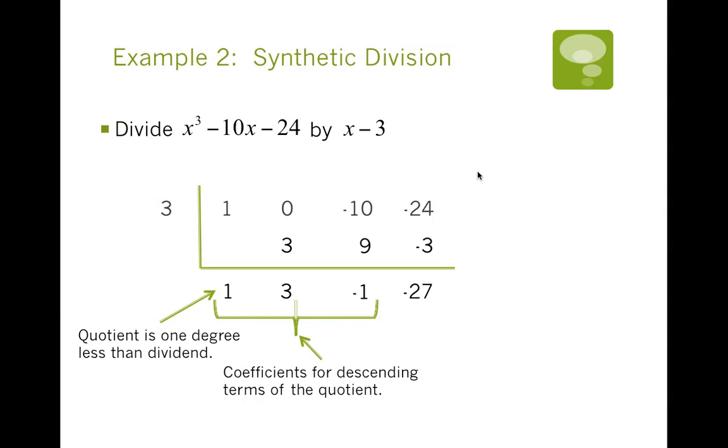So we now know it's an x squared quotient, and we know 1, 3, and negative 1 have to be the coefficients. The negative 27 is our remainder. And so just like we did with our remainder in the long division, that remainder is going to go over our divisor in our final answer.